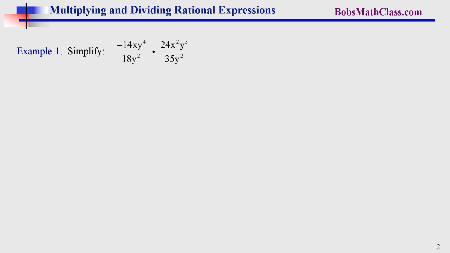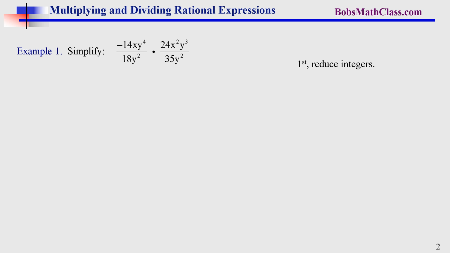So if you look at these numbers, we can multiply 14 times 24 and get that answer, and then 18 times 35 and get that answer, but then we're going to have a huge fraction to reduce. So we're first going to try to reduce the integers.